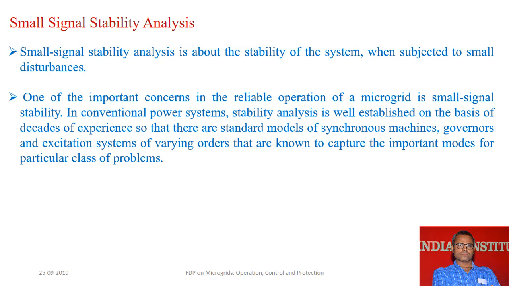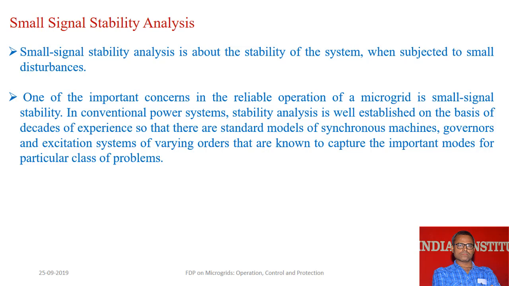In conventional power systems, stability analysis is well established on the basis of decades of experience. Because of the standard models, it is easy to analyze: standard models of the synchronous machines, governors, excitation systems, and also turbines, right? Varying orders are known to capture the important modes for a particular class of problem. Those who have studied power system stability must know that we have a standard model and different orders of the model, right?